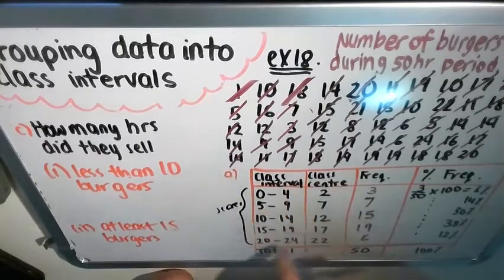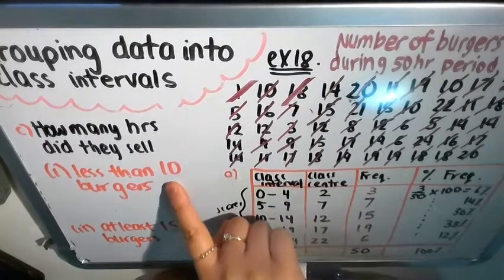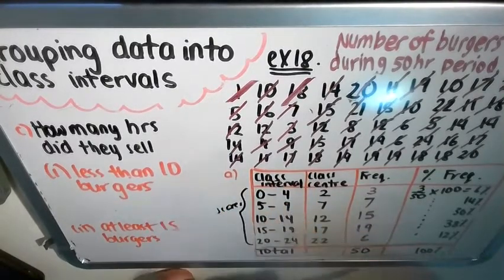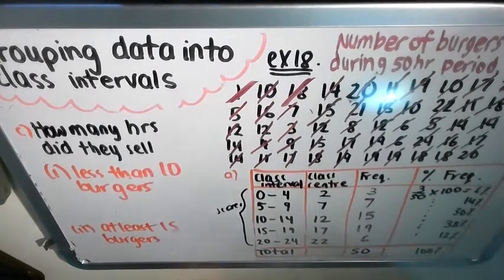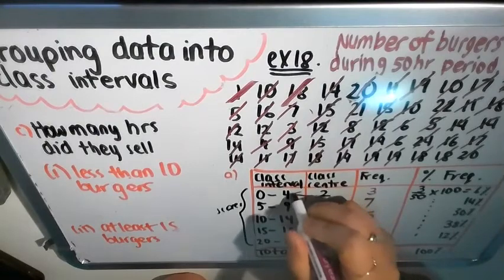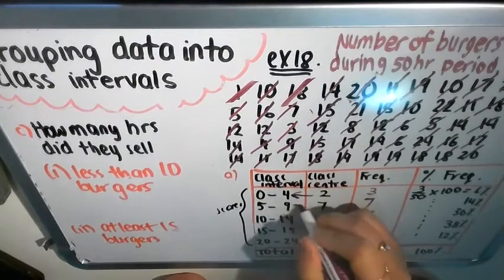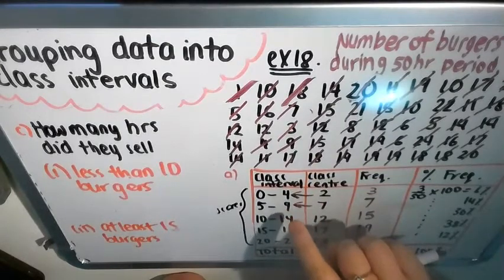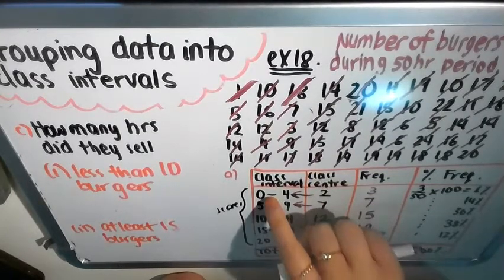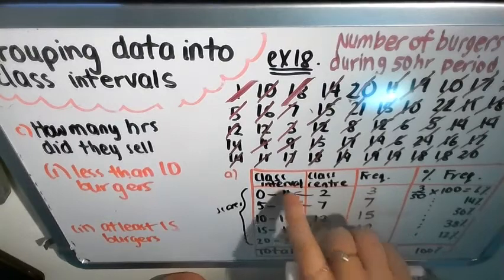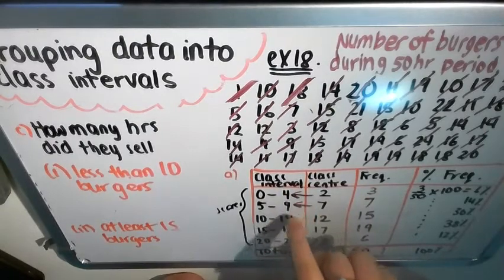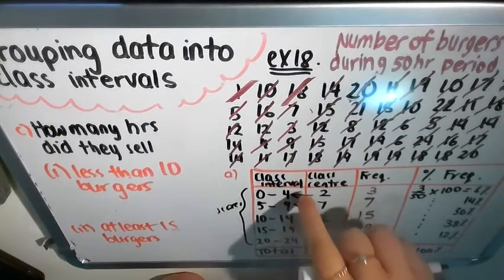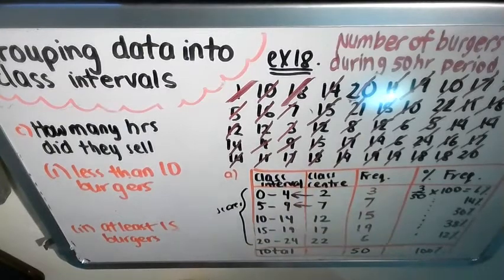So we want to look for less than 10 burgers. We're looking for the classes that are less than 10, which refers to this one and this one, because these two groups are the number of burgers sold from 0 to 9. Because we want less than 10, we've hit those two groups.